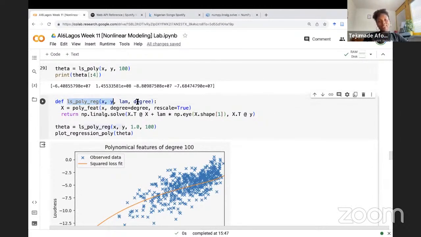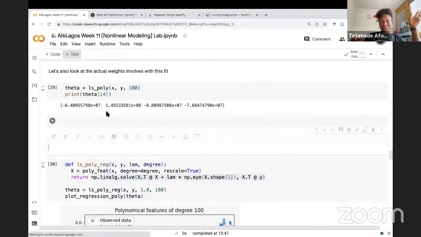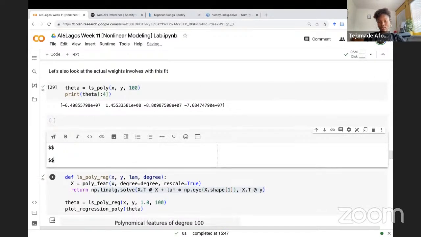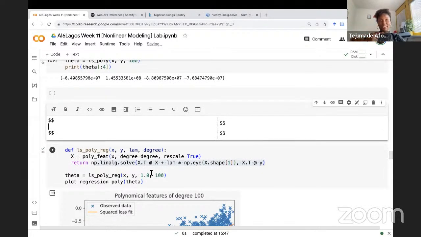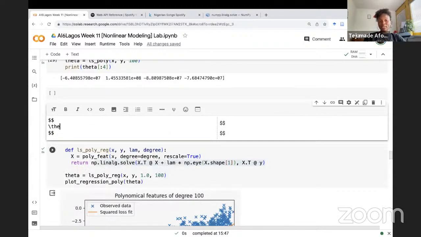Okay, so let's look at the polynomial regression and then the lambda here. You remember that we solved this. We also solved it, but not in class. I gave you that as an assignment, but it's very simple. The regularized least squares regression solution that we talked about in class is very related to that of the unregularized version.